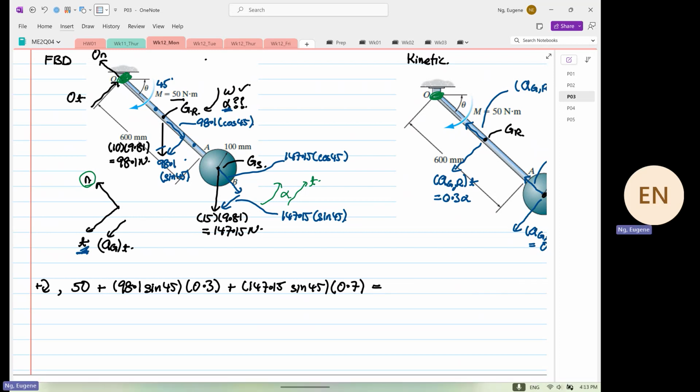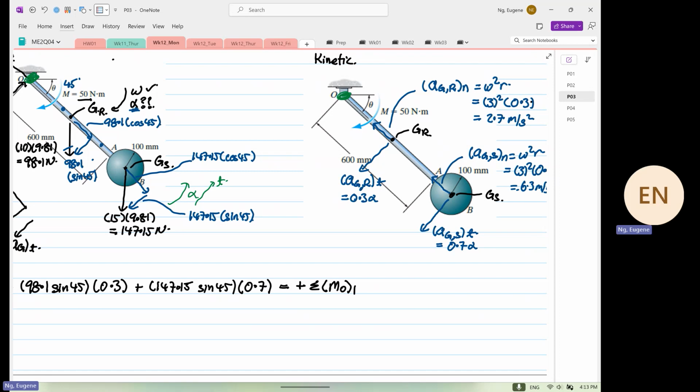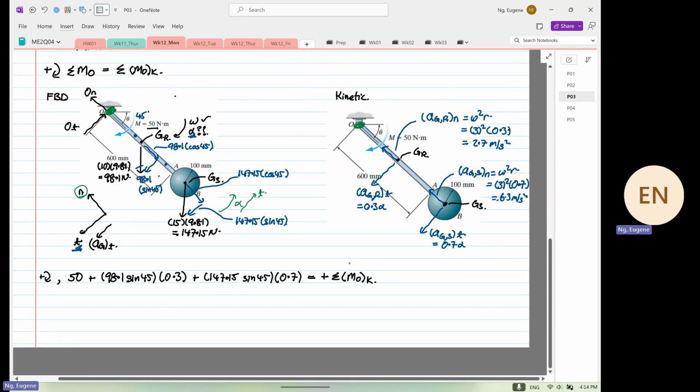Now the next function will be a positive, and we have the summation of moment about point O. Now this is where things can get a bit messy, but not necessarily impossible. So now we have to determine our summation about MO.